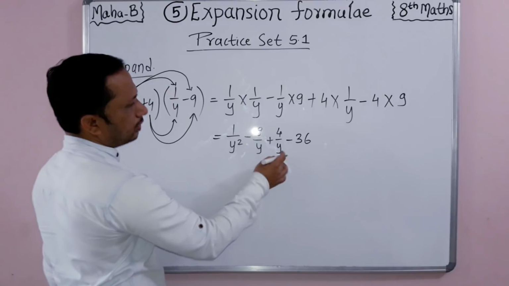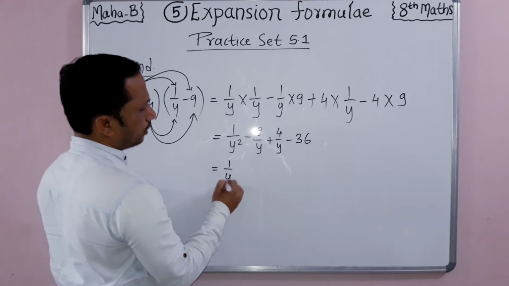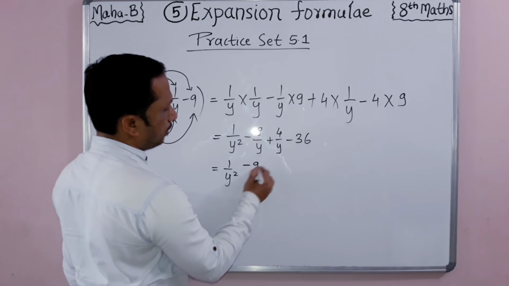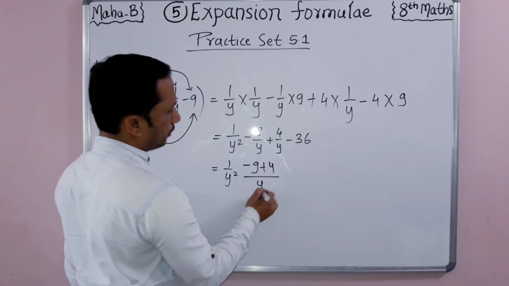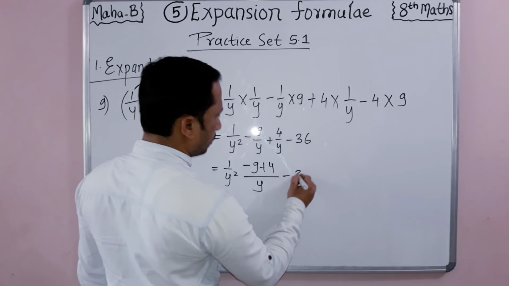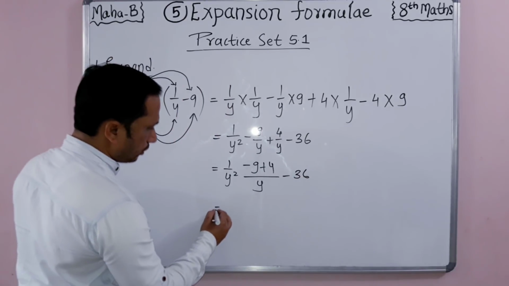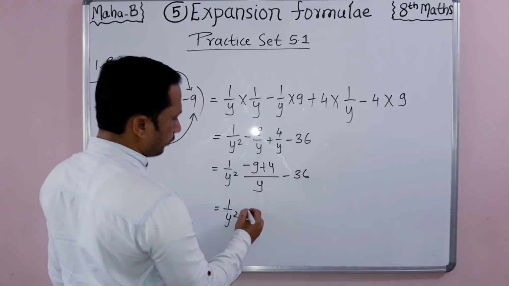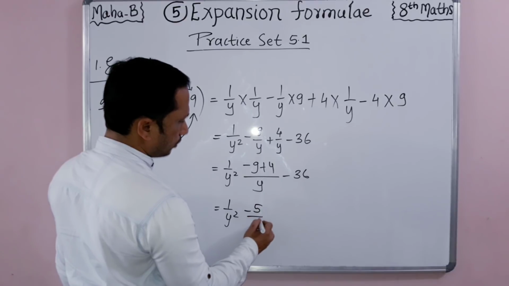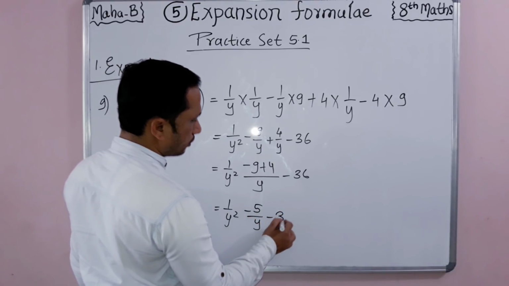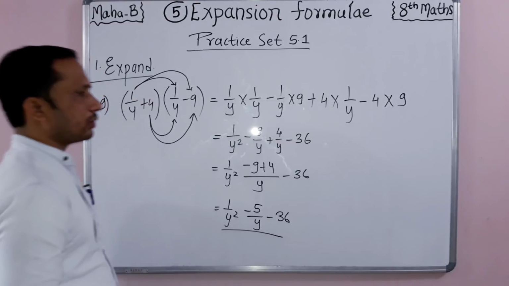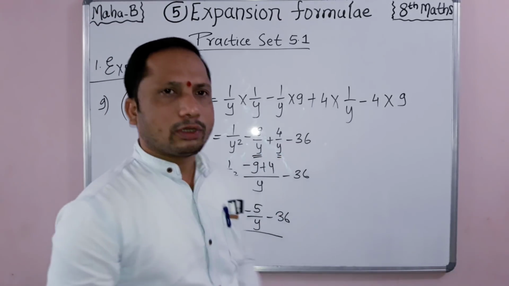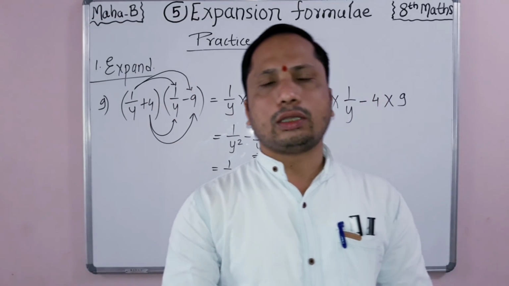Now denominators are same, so write that denominator one time. So minus 9 plus 4 upon y will be there, and minus 36. So now see 1 upon y square, and minus 9 plus 4 will be minus 5, upon y, and minus 36. In this way you can easily solve. Remember that whenever the denominators are same, you have to write that denominator only one time.